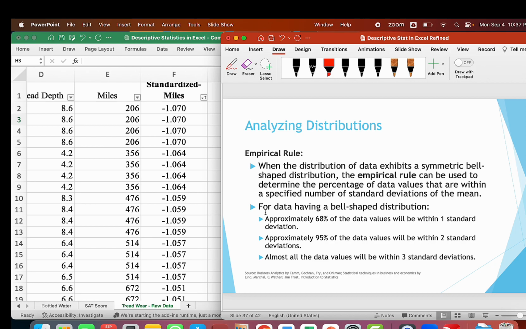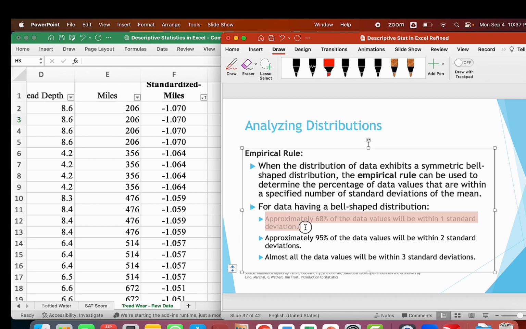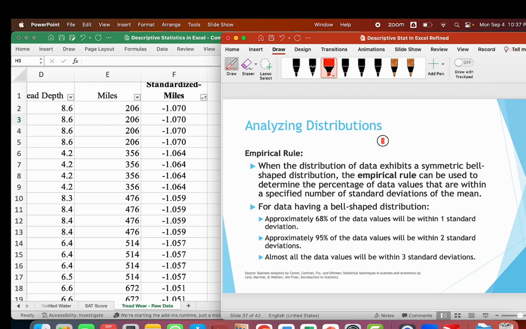The empirical rule says for a bell-shaped distribution, approximately 68% of the data values fall within one standard deviation. For instance, this is our mean. If this is one standard deviation and this is one standard deviation, this one represents 34%, and this is also 34%, so 34 and 34 will be 68%.